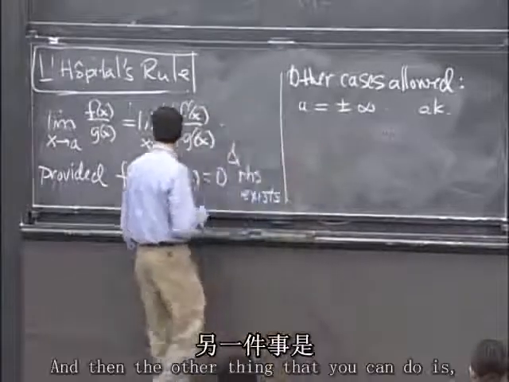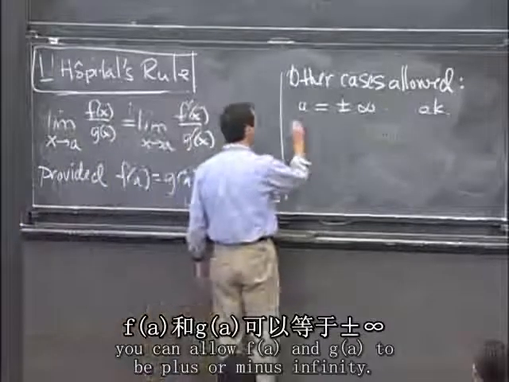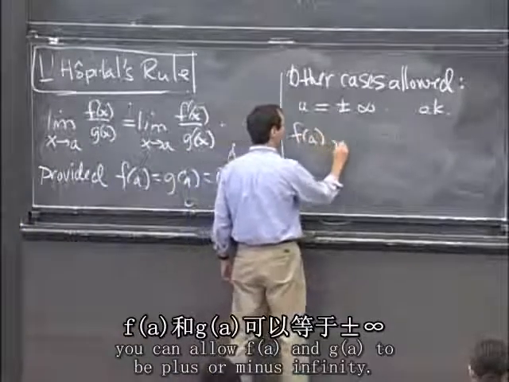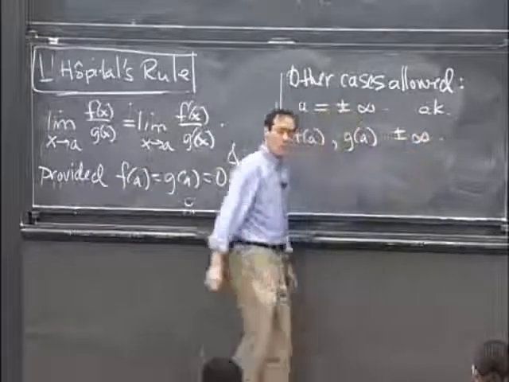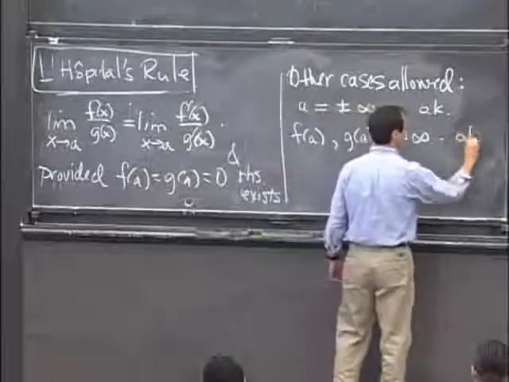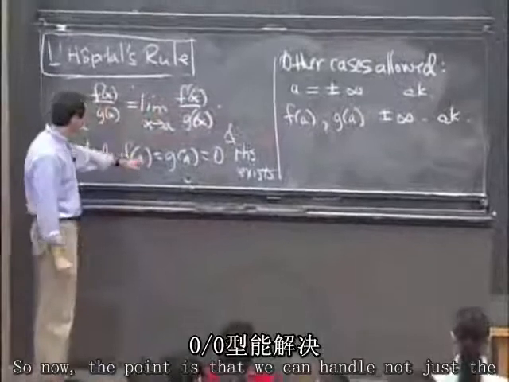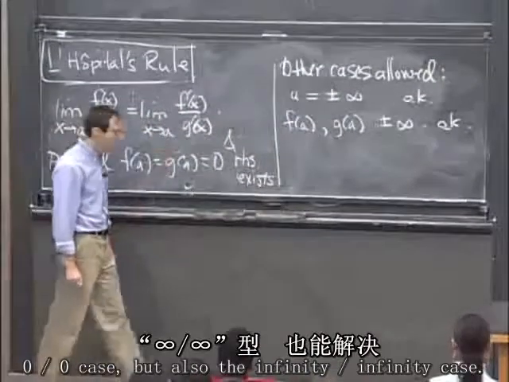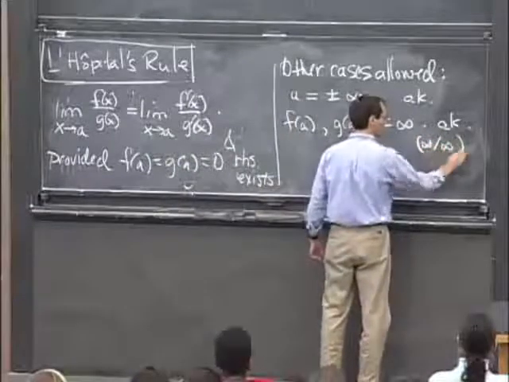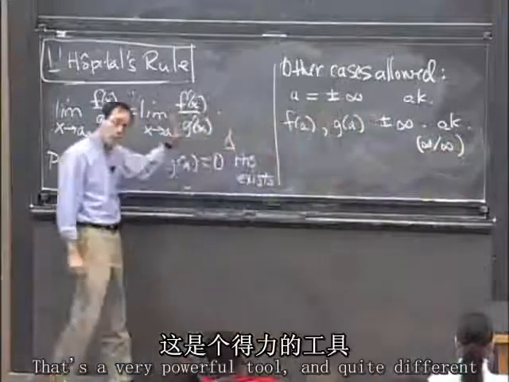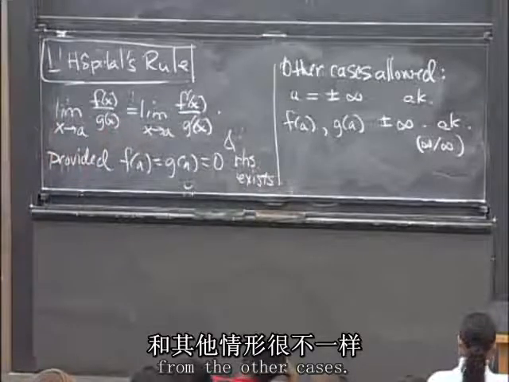And then the other thing that you can do is you can allow f of a and g of a to be plus or minus infinity. That's okay. So now the point is that we can handle not just the 0 over 0 case, but also the infinity over infinity case.